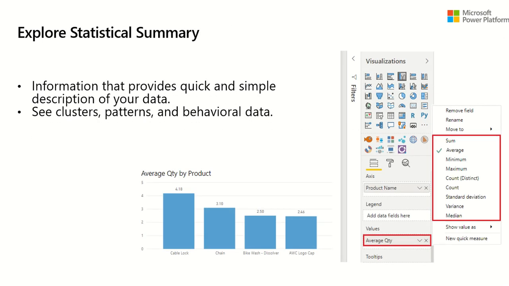Okay, we look at how to explore statistical summary. So when you have information, you can provide a quick and simple description of data by using what is called the aggregate function. Aggregate functions are functions that can summarize data.